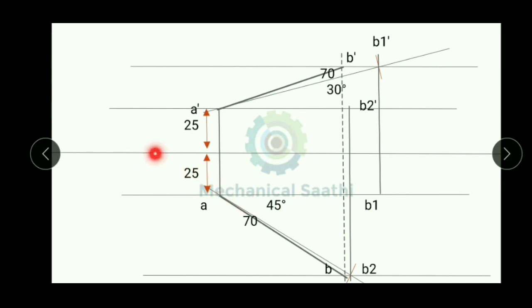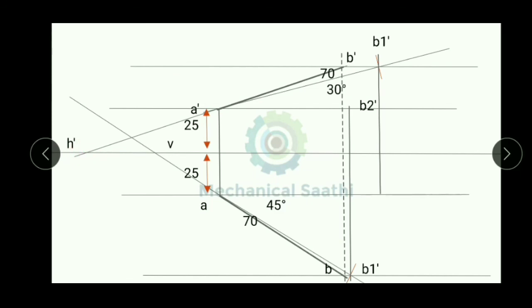After extending we get a figure like this. Then the intersection point between those extensions and the reference line, I can name as B. And this is B H dash, because it is the top view extension, so I am marking it as dash.